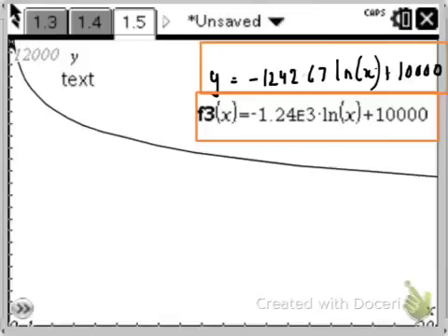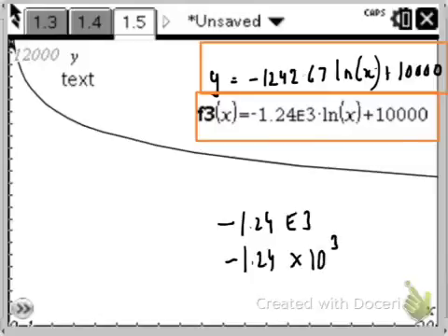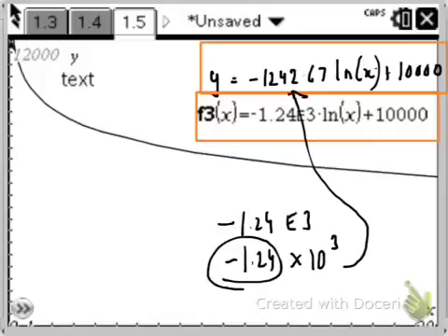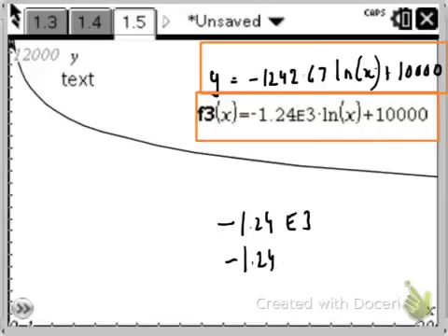Now remember that negative 1.24E3 means negative 1.24 multiplied by 10 to the power of 3. And sure enough, if you multiply negative 1.24 by 1,000, you end up getting something like that. So that's what the exponential notation means.